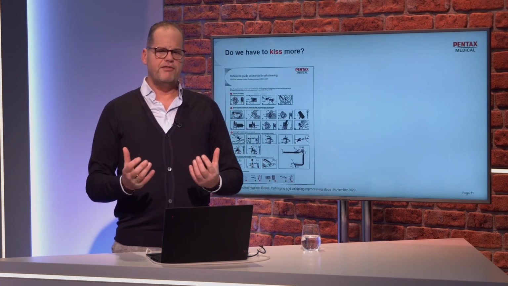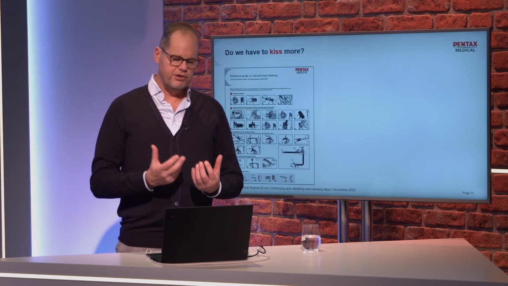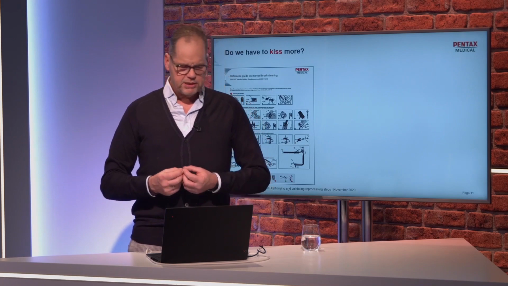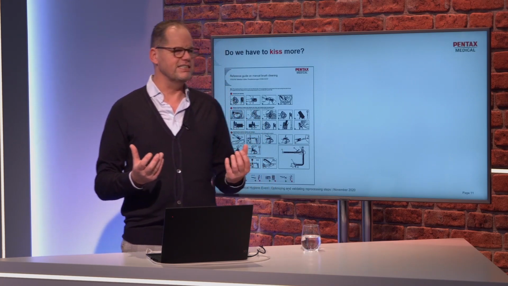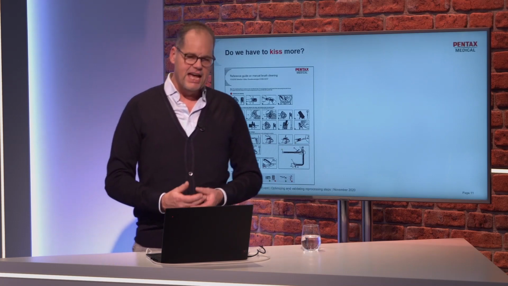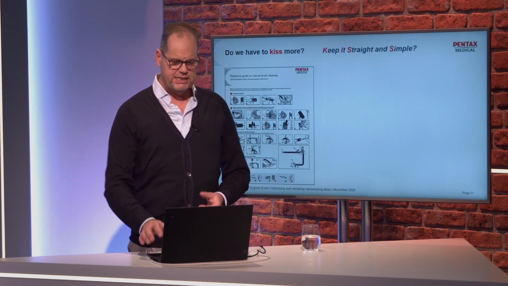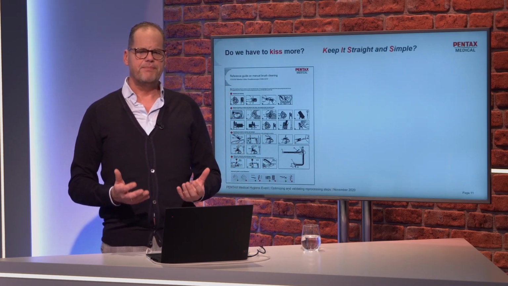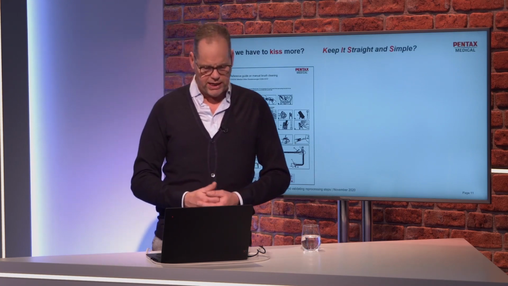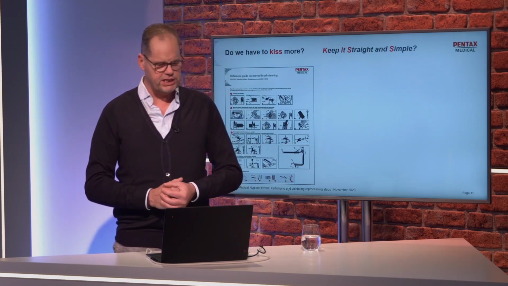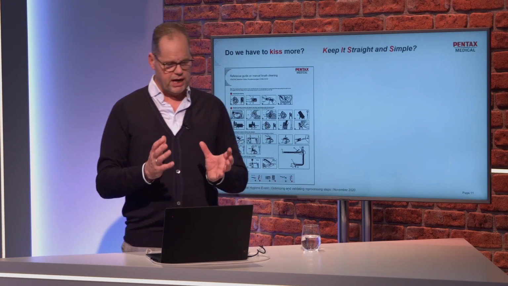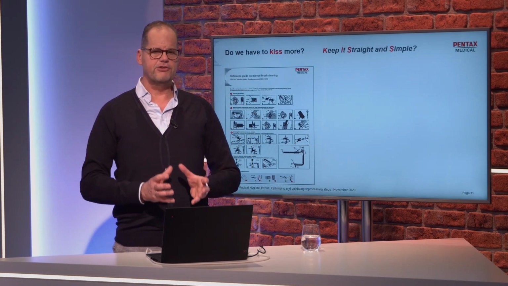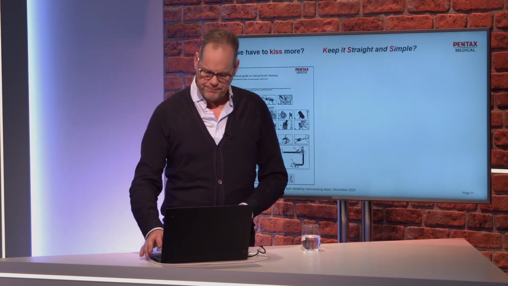So we have the IFUs and we have the right products, but the question is, do we have to KISS more? Yes, of course, kissing is always nice, I think. But KISS means keep it straight and simple. That is the message also which we had this morning in the previous sessions. So we develop posters with nice cleaning steps, easy to read, easy to perform.